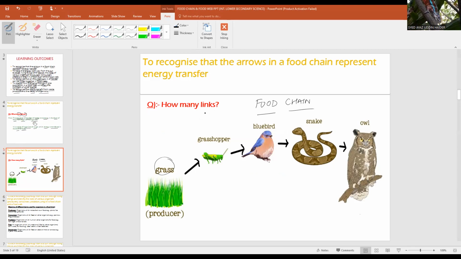And this grass is eaten by the first consumer in this food chain, which is grasshopper. Then grasshopper is eaten by bluebird, which in turn is eaten by snake, and snake is then eaten by owl. You see, all these four organisms in this food chain are consumers.